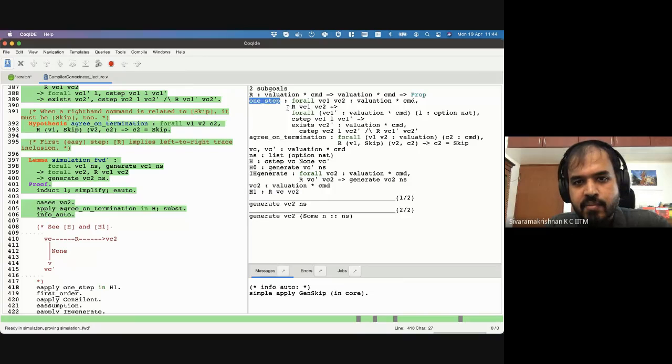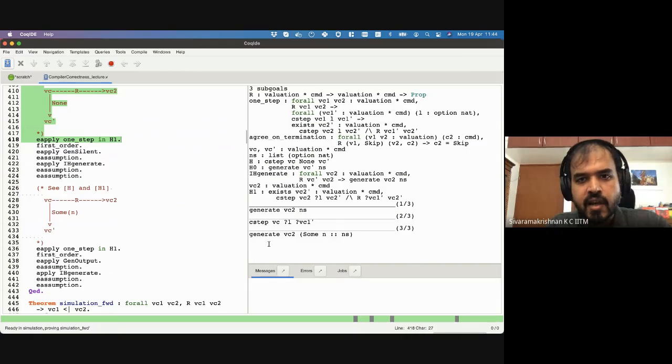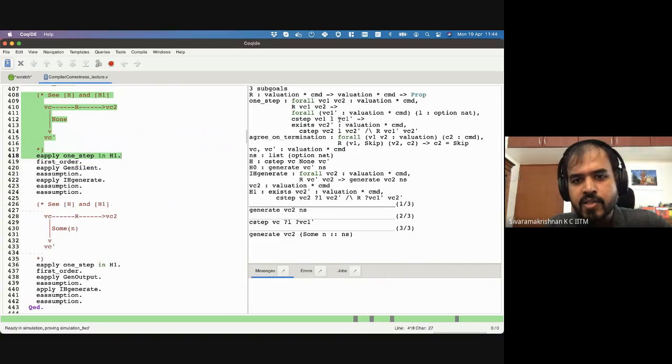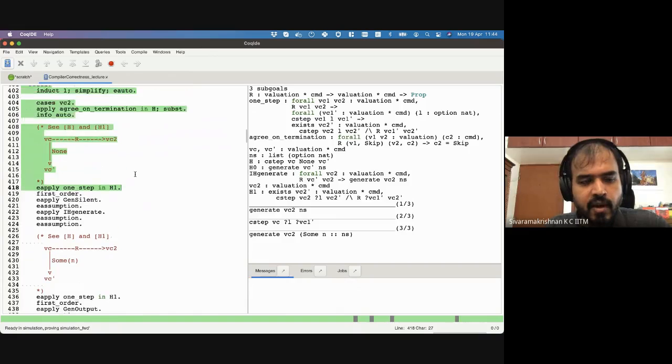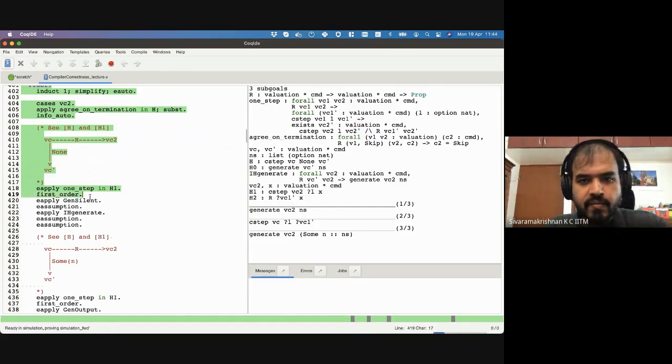Observe that one step takes an R first, then it has a C step, so I'm going to do this one first. This fills in the ones for C step, so that you get a result. We have a conjunction here that comes from the conjunction there, so let's break it apart.